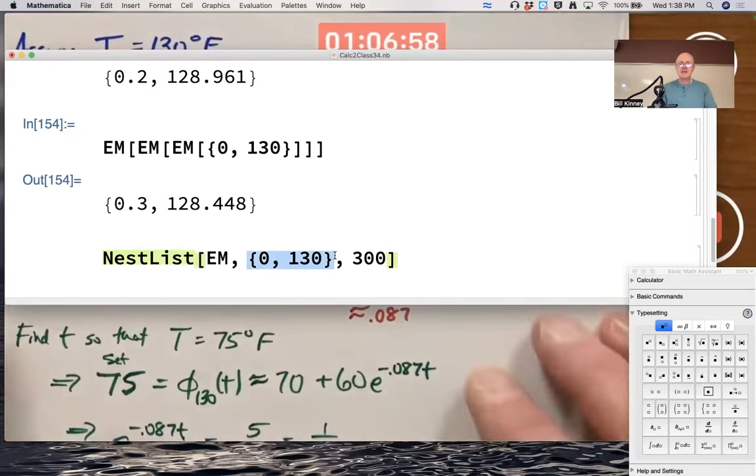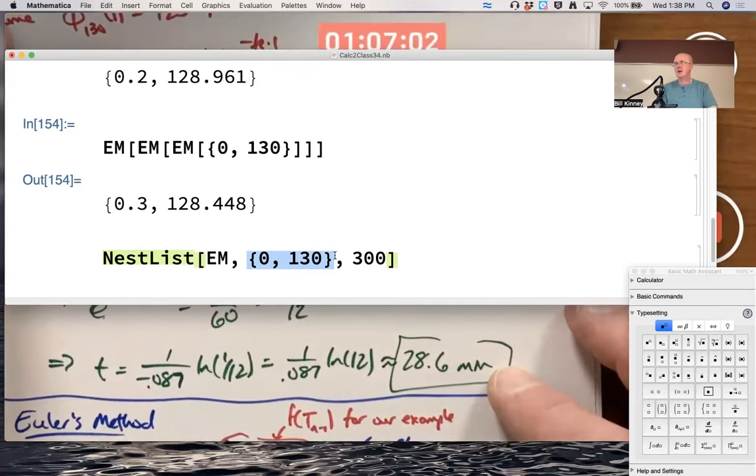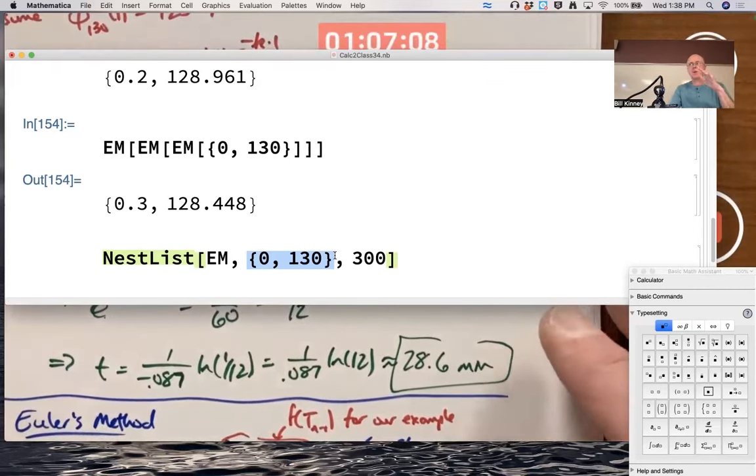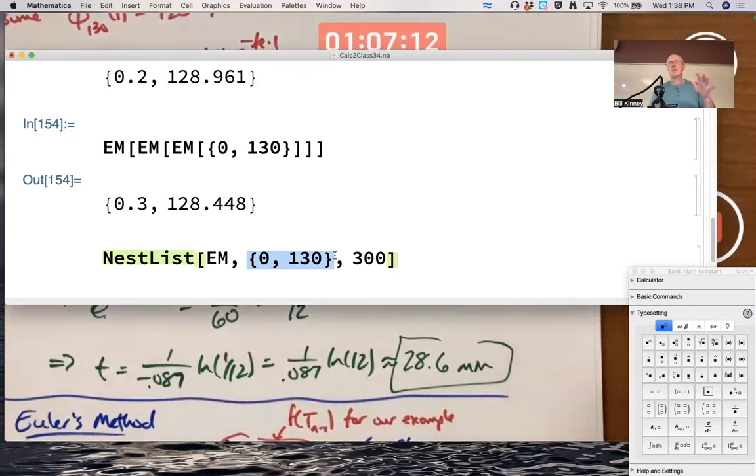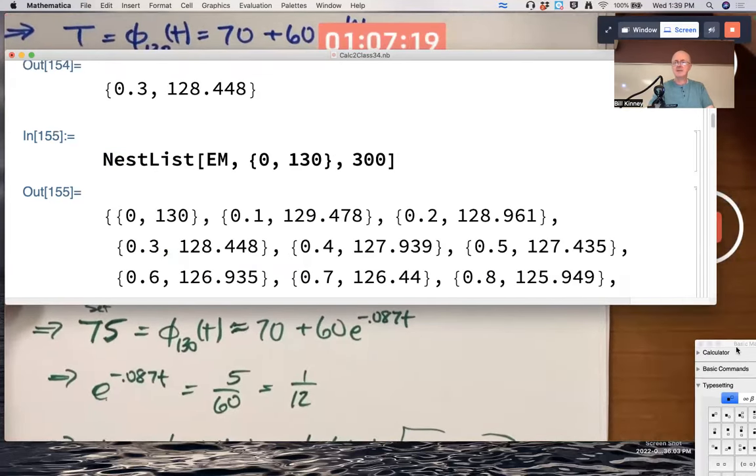Will we get exactly 28.6 minutes again? Well, I know from section 1 that we don't, but we do get very close, it turns out, which is not necessarily to be expected because Euler's method is not a super accurate method. Though I do know why it worked out pretty closely this time. Enter this, we get a bunch of data points.